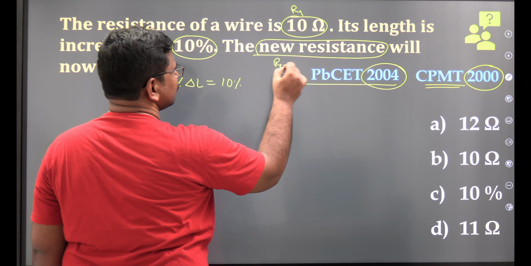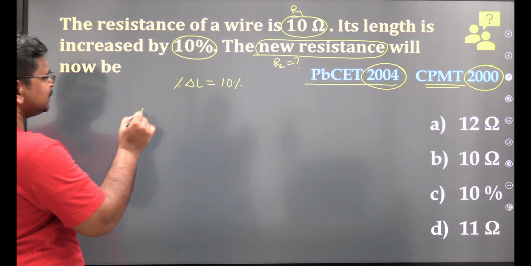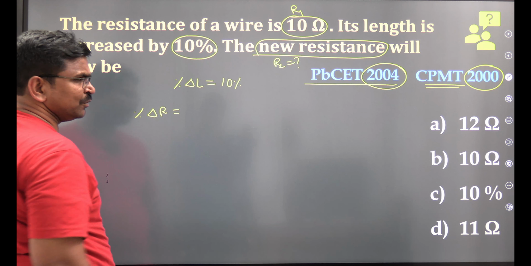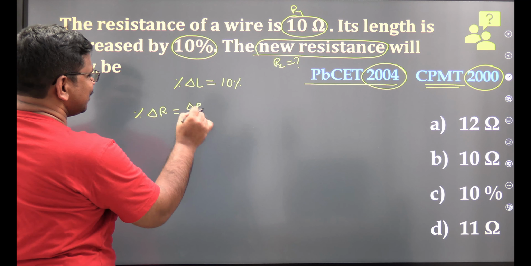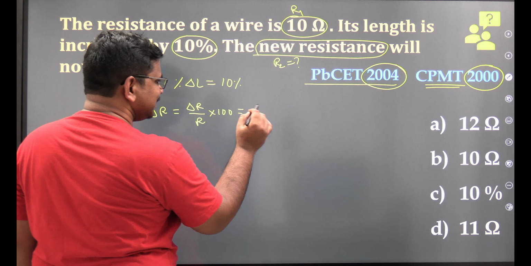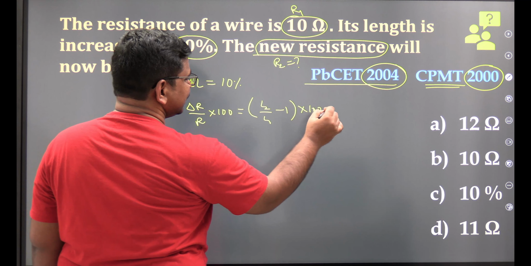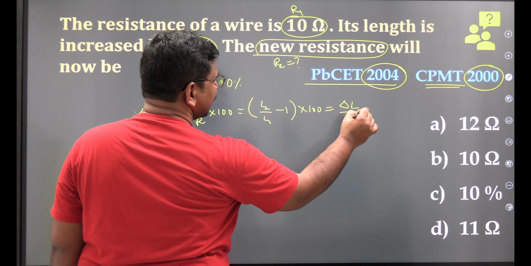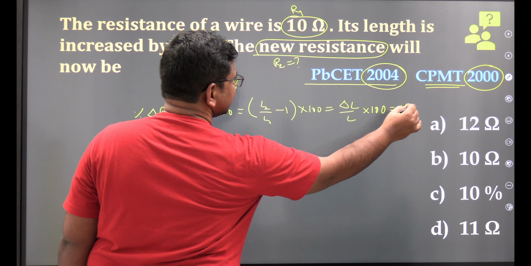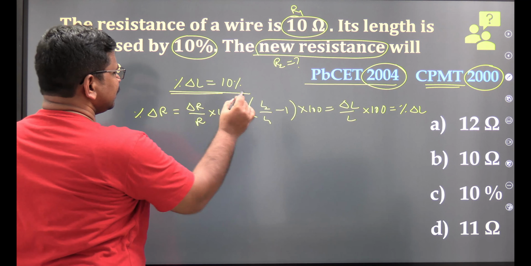We know that percentage change in R is delta R by R into 100, that is L2 by L1 minus 1 into 100, that is delta L by L into 100, that is percentage delta L directly, which is 10%.